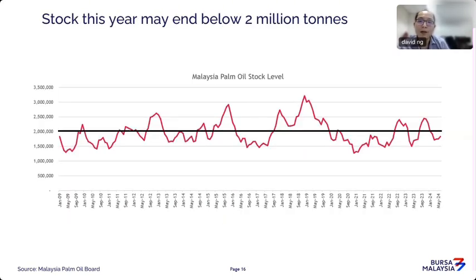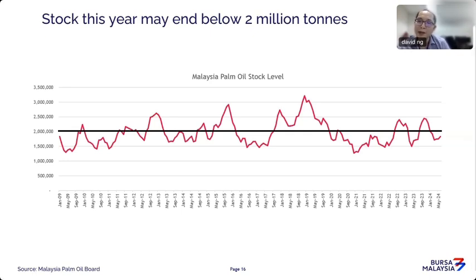Now, I wish to mention a lot on stocks. I think stocks is a function of your supply and demand. So if you have abundant supply and demand is not meeting the excess supply, stocks level is going to go higher. If you look at historical pattern, the stock levels in Malaysia is probably about 2 million tons. Anything above 2 million tons is telling you that we are in a territory of high production period.